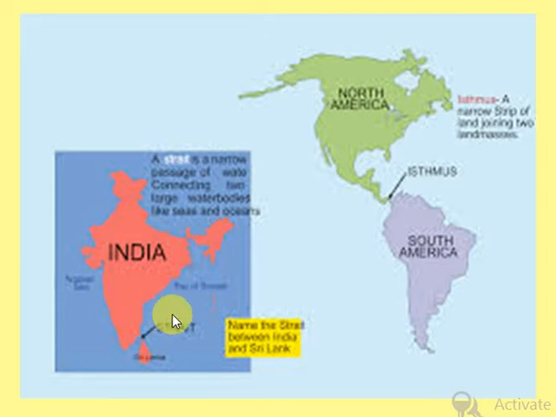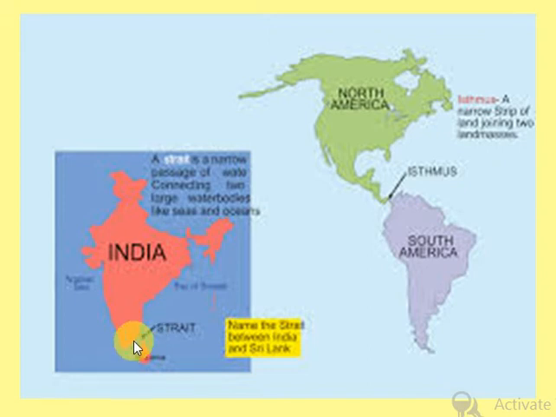Strait, S-T-R-A-I-T, strait. A strait is a narrow passage of water connecting two large water bodies like seas and oceans. So this is a strait over here.